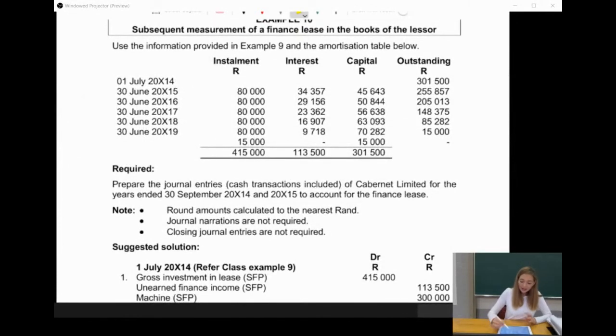So what now happens at the end of our lease term, or at the end of our lease year? Well, first of all, the first year that we have is 30 September 20x14. On this date, although we entered into the lease during this financial year, we have not yet received any lease payments on this date. But for 2015, we would have received our first lease payment.